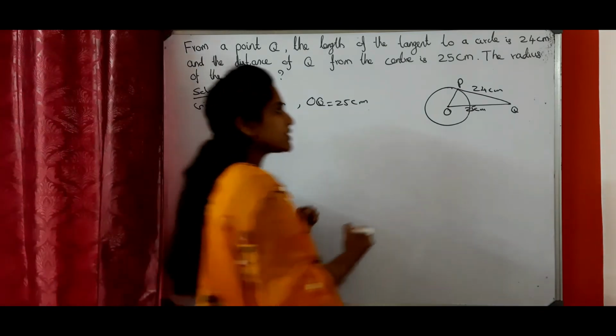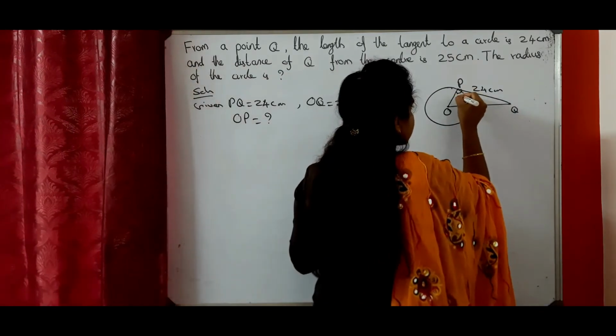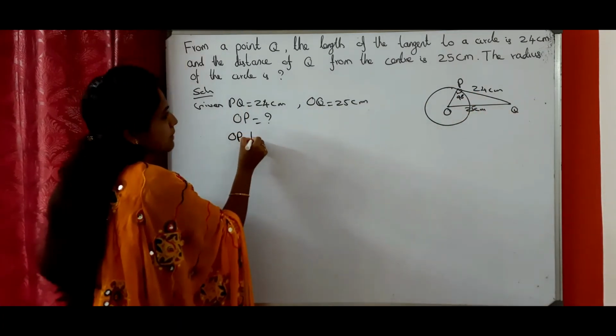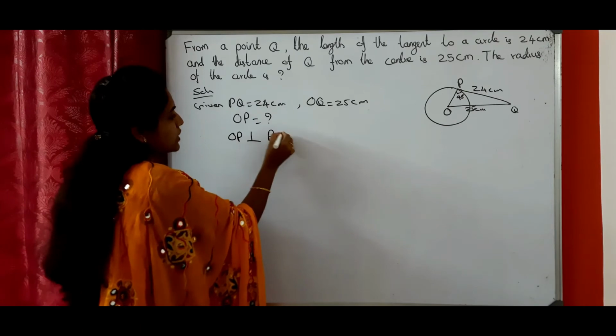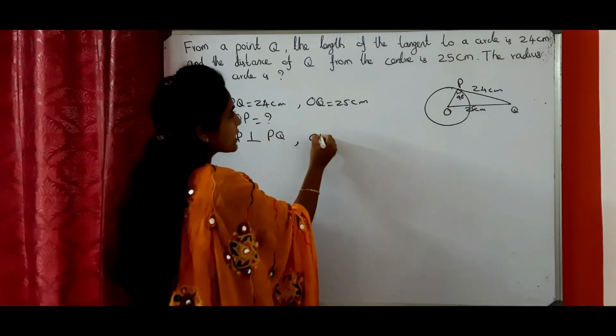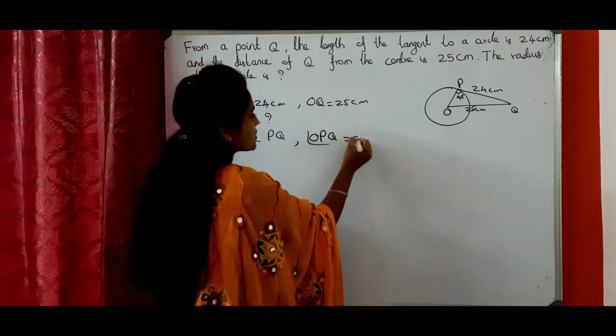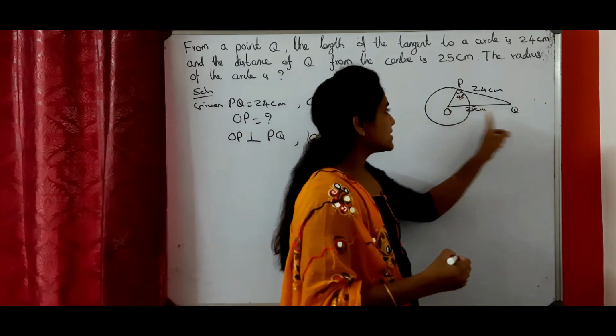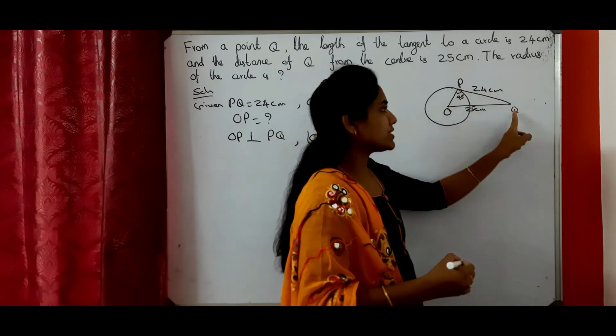So using theorem 1, we can say here the angle is 90 degrees. Why? OP is perpendicular to PQ by theorem 1. Therefore, we can say angle OPQ equals 90 degrees. Now we see this is a triangle, right? OPQ is a triangle.